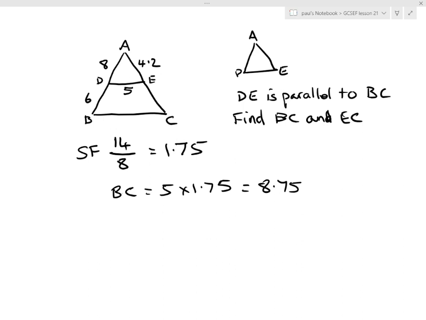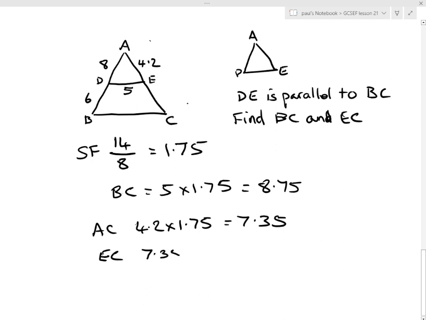EC. Now, we've got 4.2, so we could find AC. So we're going to find that first. AC equals 4.2 times the scale factor, 1.75, and that equals 7.35. So the whole thing is 7.35. So EC will equal the 7.35 minus the 4.2.